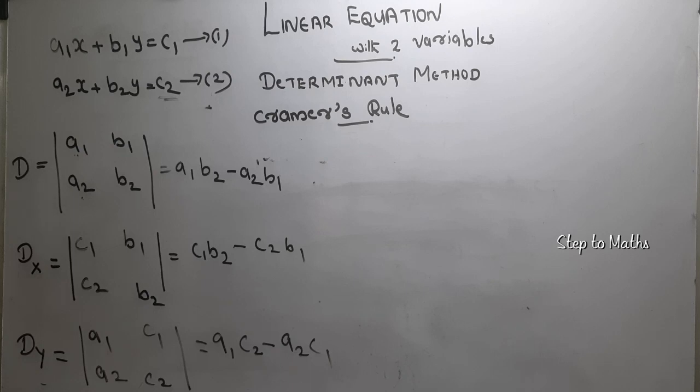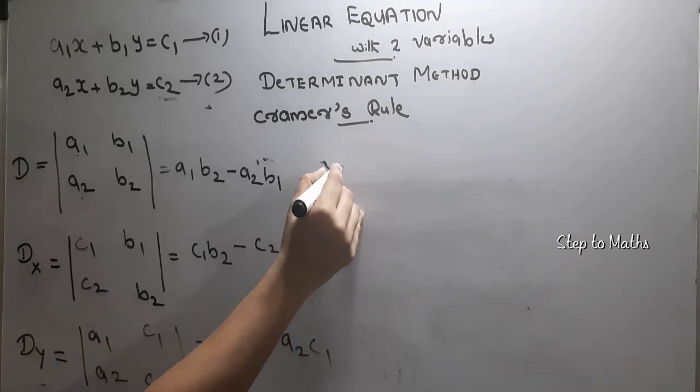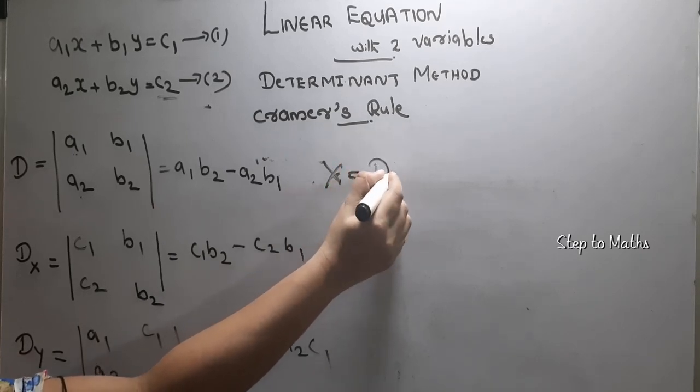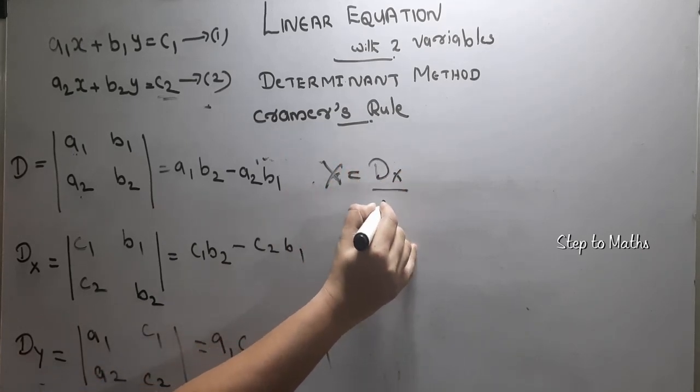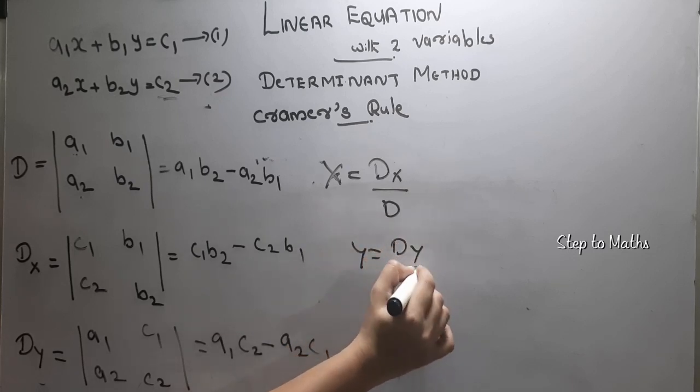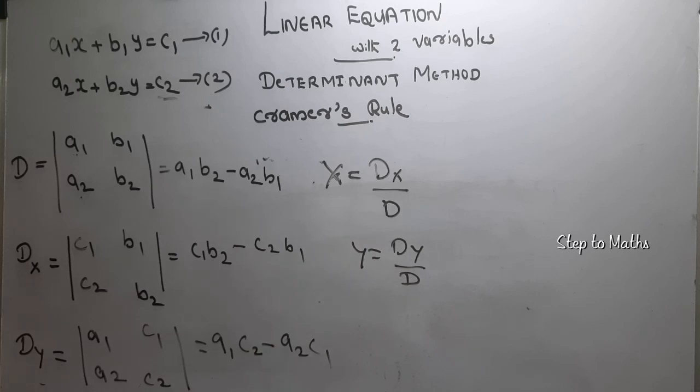Now we get three determinants, D, dx and dy. Then how can we find the value of x? x is equal to dx by D, y is equal to dy by D. This way we get the values of variables x and y.